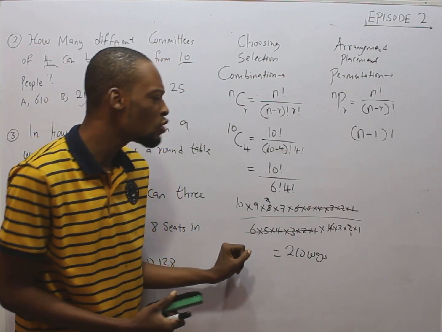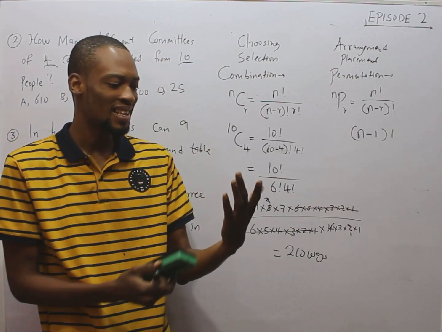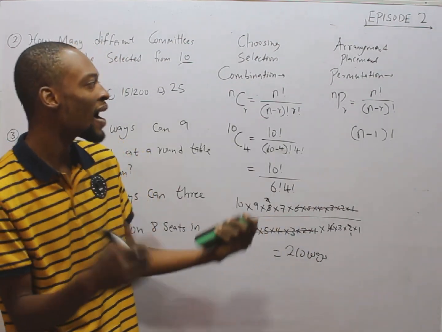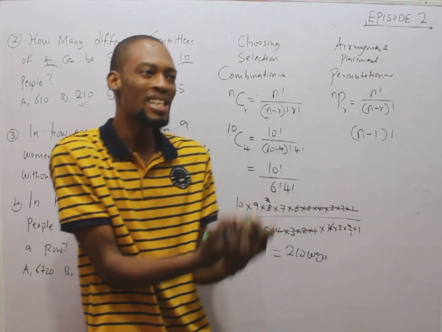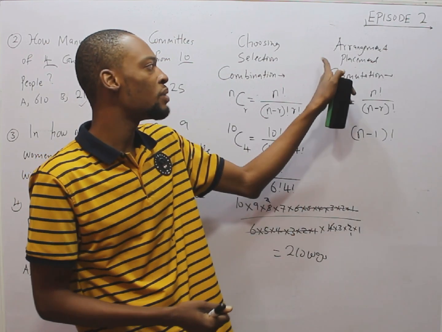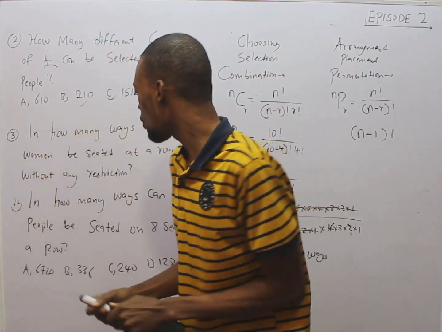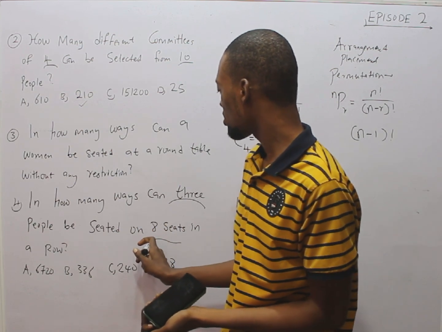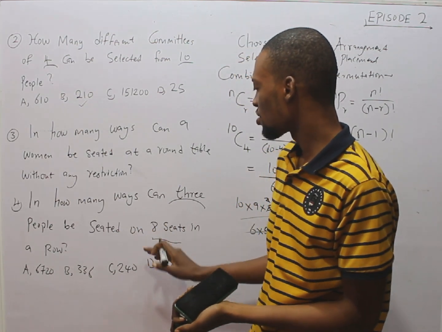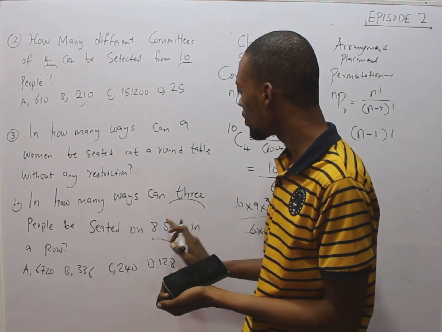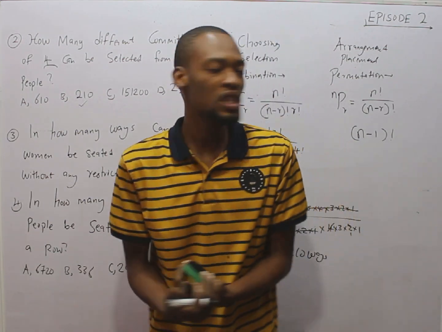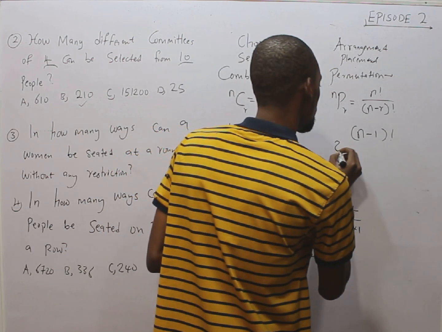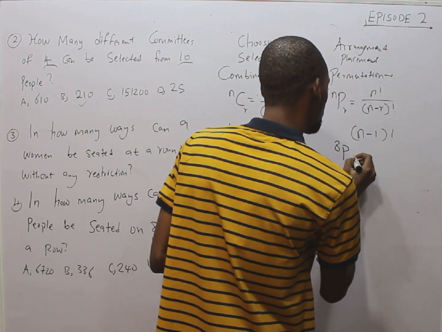Looking at this question, something comes to your mind: placement, arrangement. You are arranging people in a row. You are placing them. This is simply a permutation question. So we want to place 3 persons on 8 seats. So 3 is your r, 8 is your n, which means we have 8 permutation 3.